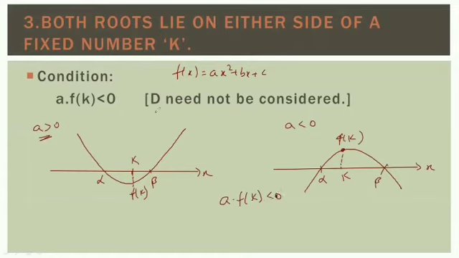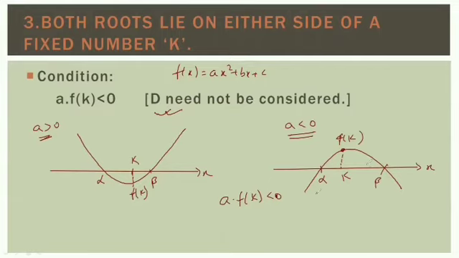For this case, we need not consider the discriminant. Why is the discriminant not needed here? Because for a less than 0, if f of k is positive, that already means that the roots exist. And if a is positive and f of k is negative, the same holds.